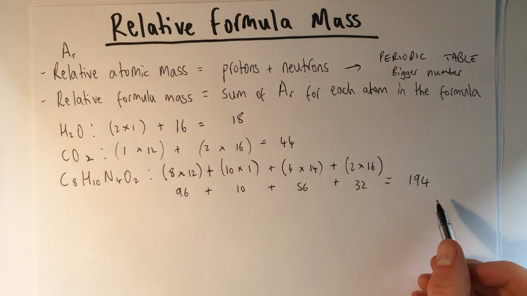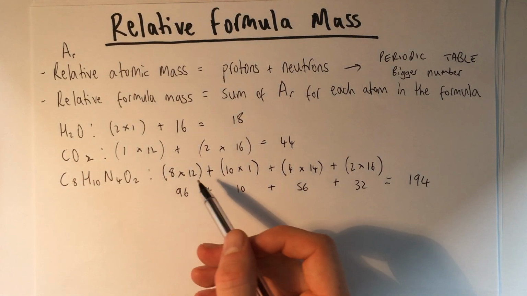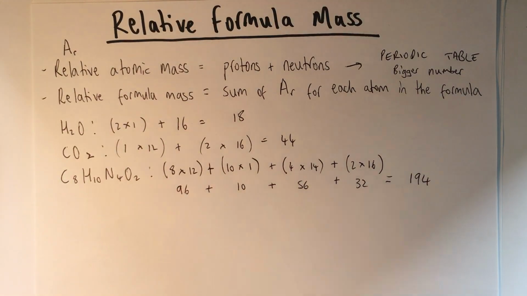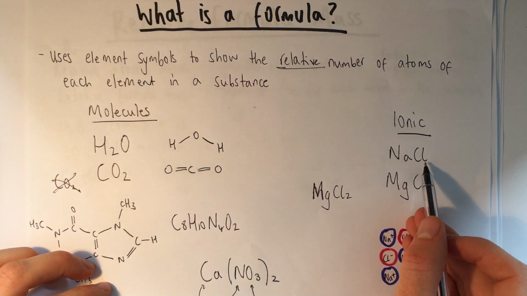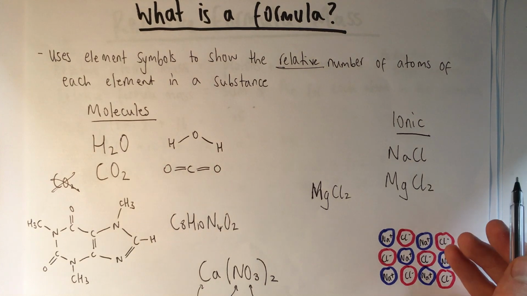I'd have got a slightly different number if I hadn't used rounded numbers, but I've just used that as an example to show you. So that's my relative formula mass for caffeine. Last example, slightly different type of compound here, an ionic compound, sodium chloride. Even though it's a different type of compound, still going to do exactly the same thing.